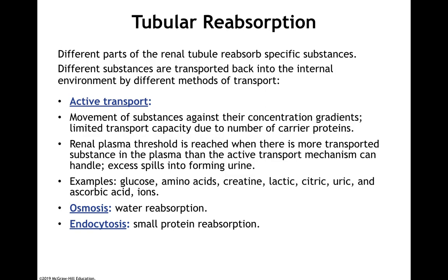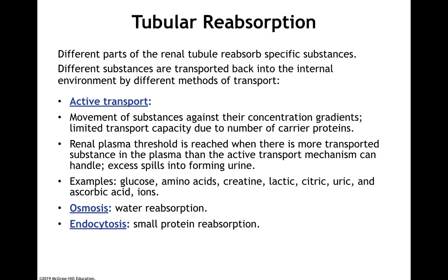So tubular reabsorption. Different parts of the renal tubule reabsorb specific substances. Different substances are transported back into the internal environment by different methods of transport as well. So for active transport, we've got the movement of substances against their concentration gradient. There's a limited transport capacity because you can only transport if you have a receptor, and you can only use a receptor if it is not being occupied by something else.